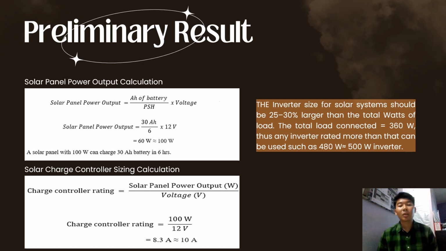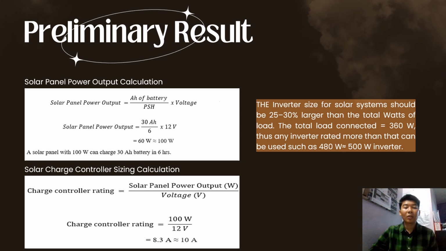For the formula, we divide the Ah of the battery by the PSH, which means the peak sun hour in Malaysia. The peak sun hour in Malaysia ranges from 4 to 6. We assume to use 6 and multiply by voltage. So we got a solar panel power output of 60 watt and estimate it to 100 watt to charge the 30 Ah battery in 6 hours.